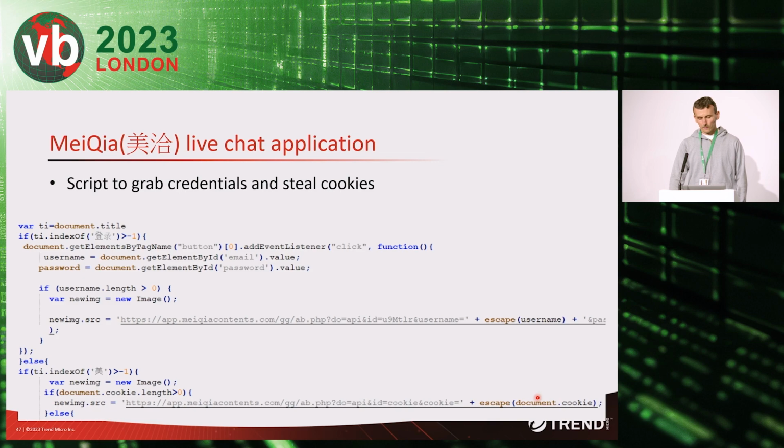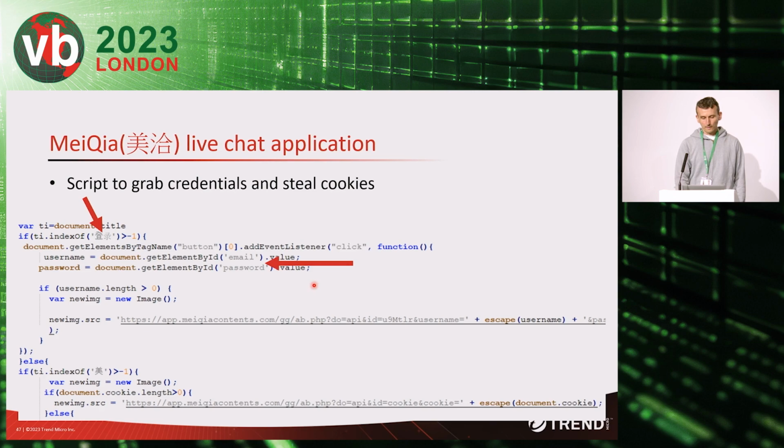In this repository we found many other scripts, and one more I would mention here is the script for grabbing credentials and stealing cookies. When the script runs within the application, it checks the title of the loaded page. If the title is the Chinese word "denglu", which means login, so if it is within the login page, then it searches for email and password text boxes.